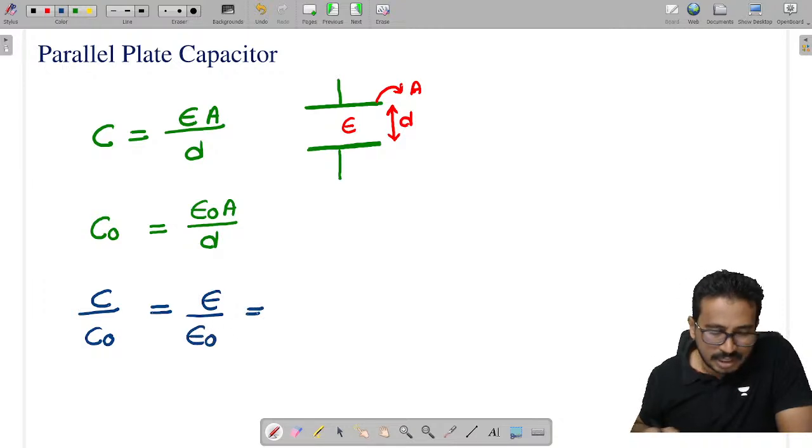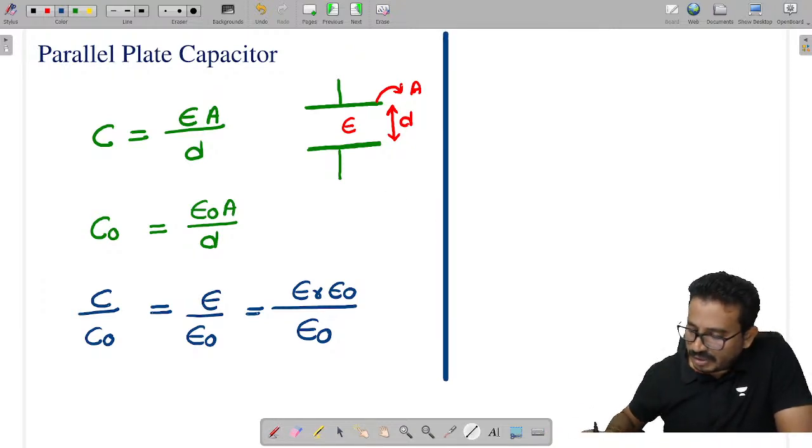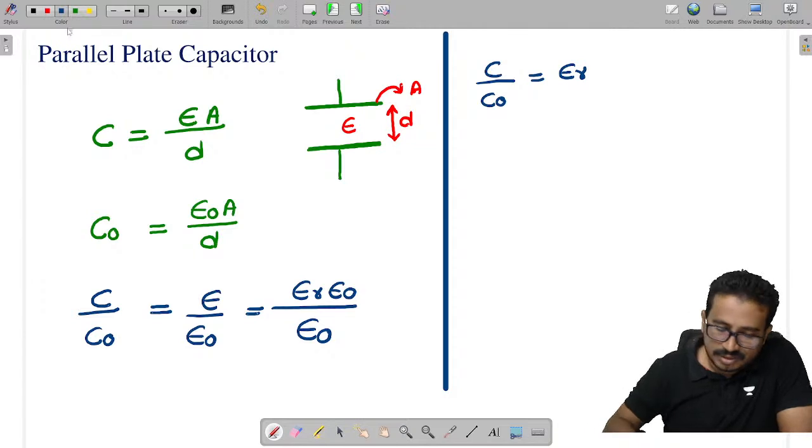As we know, epsilon is given as epsilon R into epsilon naught, divided by epsilon naught, where epsilon naught is the permittivity of air and epsilon R is the relative permittivity. Then what will I get for C by C naught? I will get epsilon R. C by C naught is given as epsilon R.